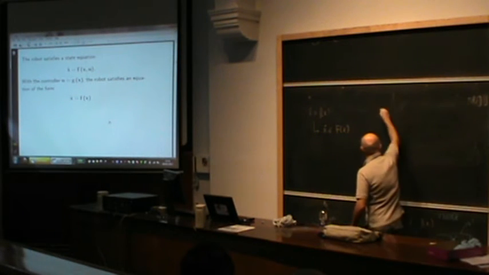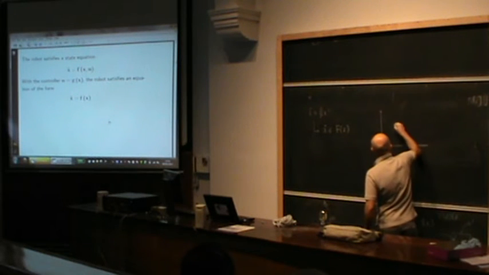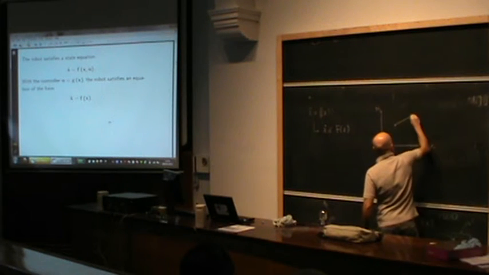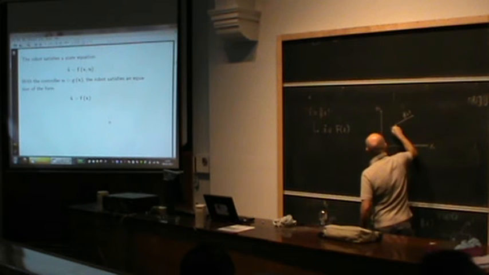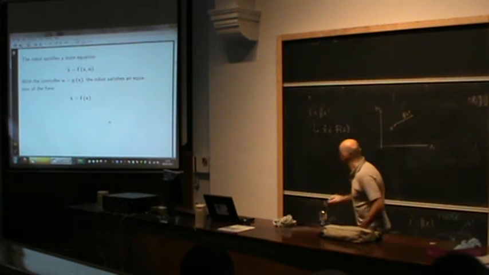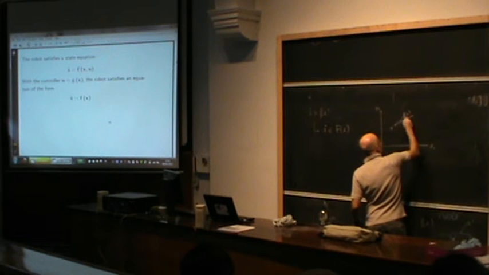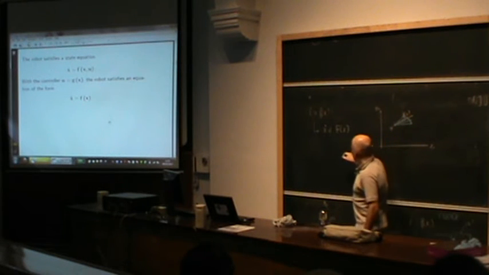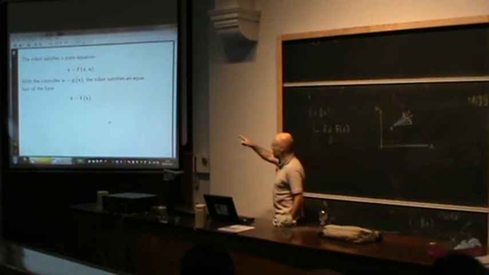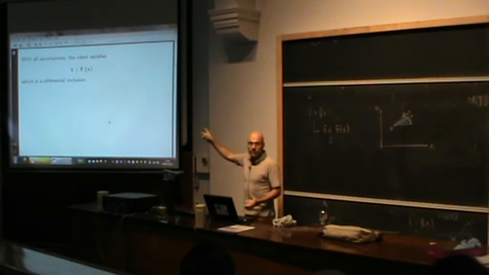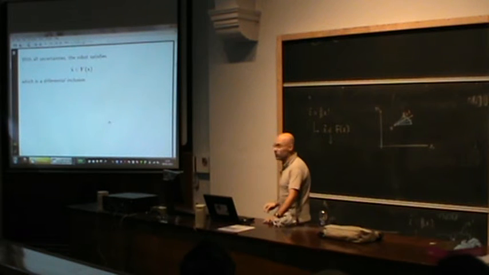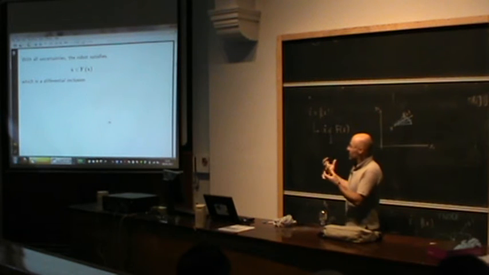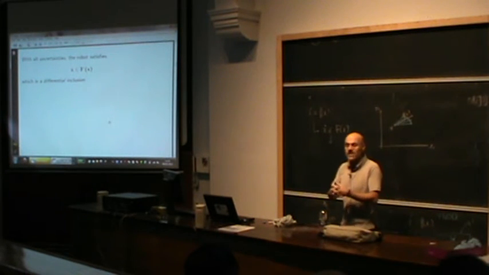If you have here the state space, with x1, x2 for instance, here you have x, and here F of x. It is not exactly like this: you have a lot of possible directions, and this is what we call a differential inclusion. What we want to prove is that with the controller we have, the differential inclusion will satisfy some stability properties.